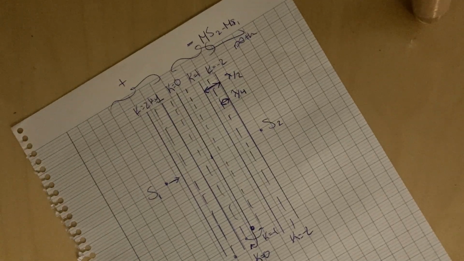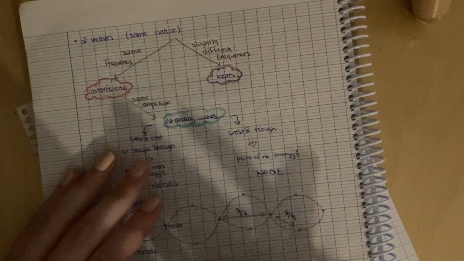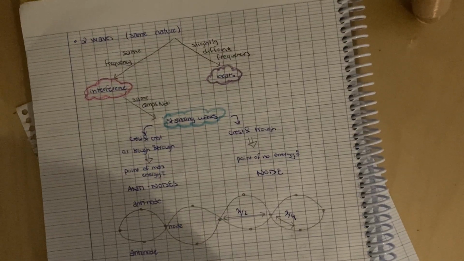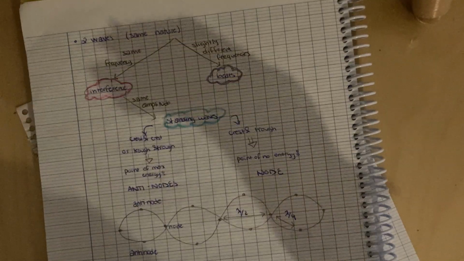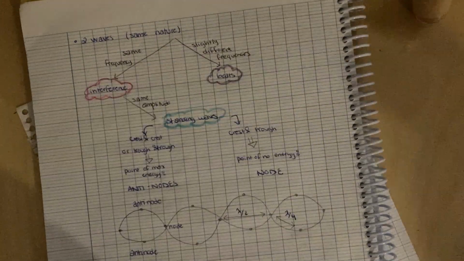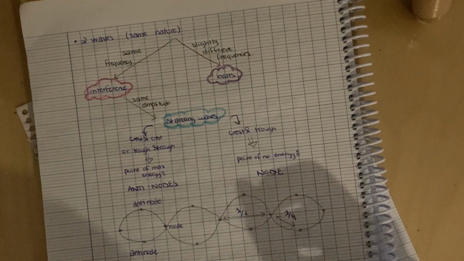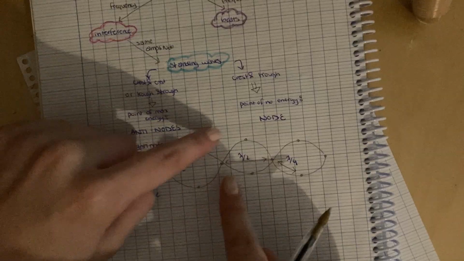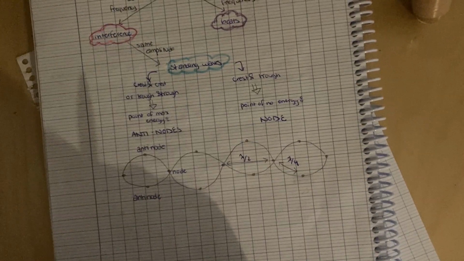Now, back to standing waves. They're waves of the same nature, same frequency, and same amplitude. If it's a crest and a crest at the same time, or a trough and a trough at the same time, then the point of max energy is called an antinode, which are these points that you can see right here.